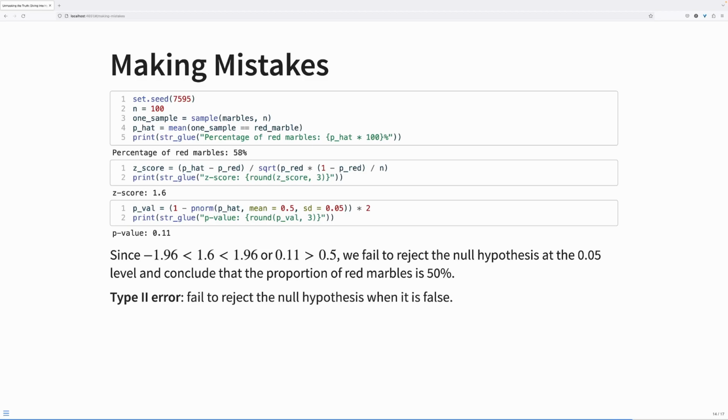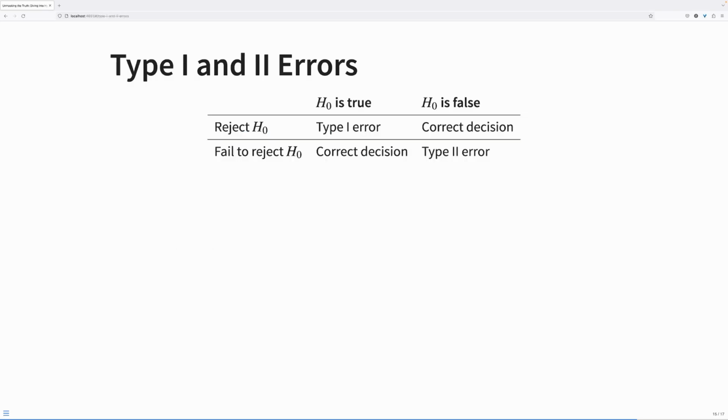So we are actually making a type 2 error, which means we fail to reject the null hypothesis when it is false. Another error is known as type 1 error. Type 1 error occurs when we reject the null hypothesis while it is true.